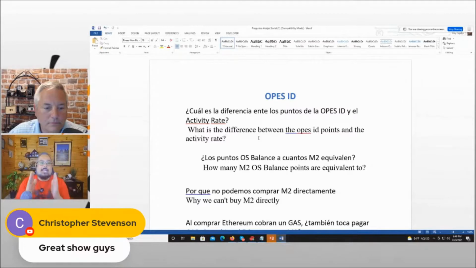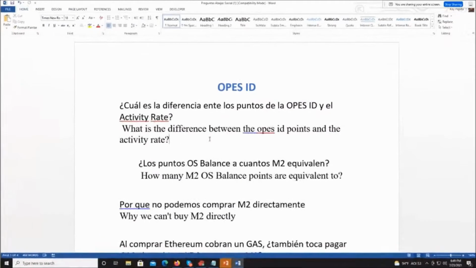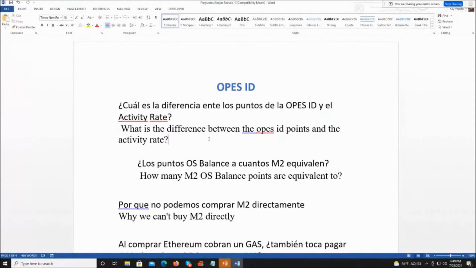And when your activity increases, every clip of 1,000, 2,000, 3,000, 4,000, the more active you are, it's kind of like having a bigger shovel and you get more OS. Every time it goes from 1,000 to 2,000, you're going to get more OS every time you support. When you go from 2,000 to 3,000 and you're more active, you're going to get more OS every time you support.